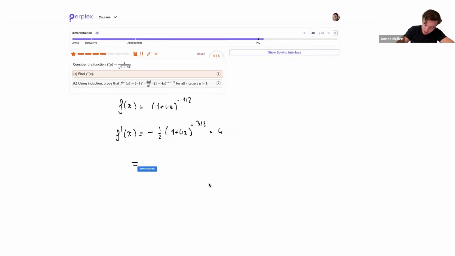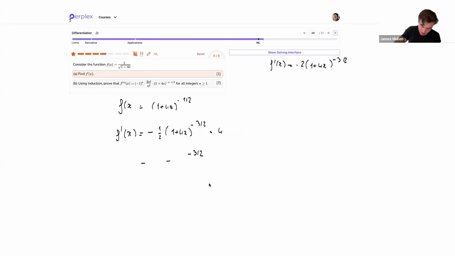So it's going to be negative 2 times 1 plus 4x to the minus 3 over 2. Now, I'm going to put that off to the side. F prime of x is equal to negative 2 times 1 plus 4x to the minus 3 over 2.